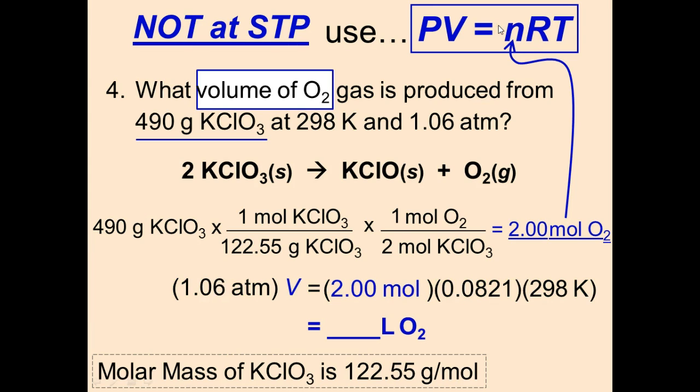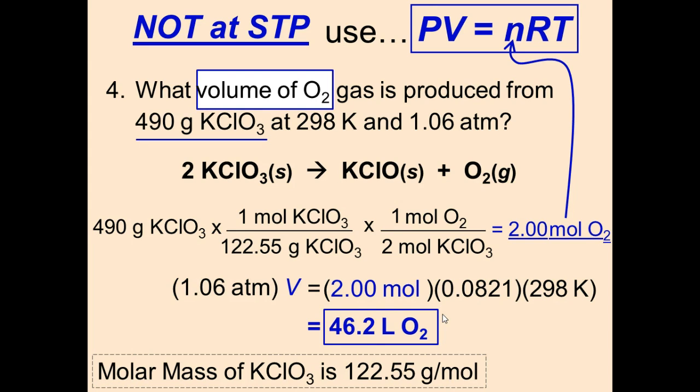We plug this into our formula and divide the whole right side by 1.06. So we do 2 times 0.0821 times 298, divided by 1.06, and you should get 46.2 liters. And that is how you do problems without STP.